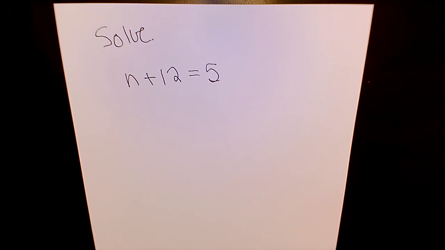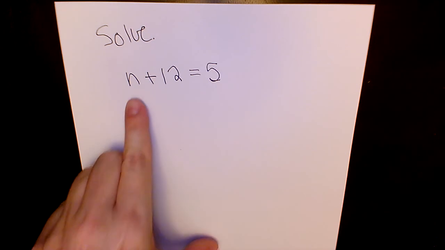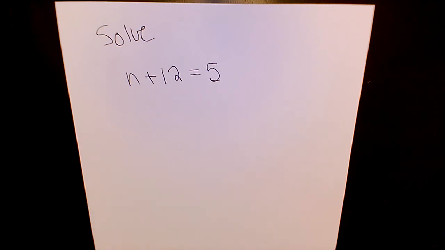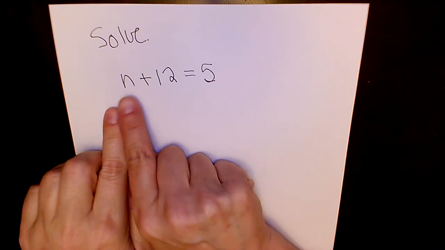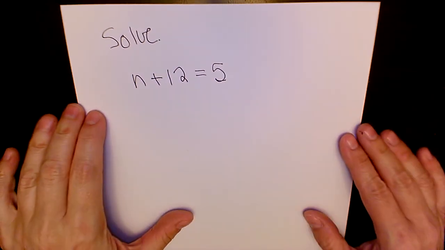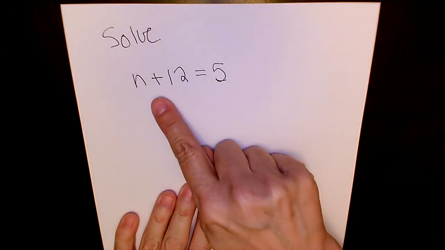So some number n plus 12 equals 5. So I want to find out what n is equal to make this equation true. So I'm looking for the solution. We just learned that. So I want to know what n equals. So I need to get n by itself because I want to find out what n does equal.